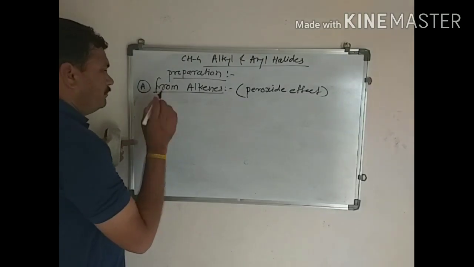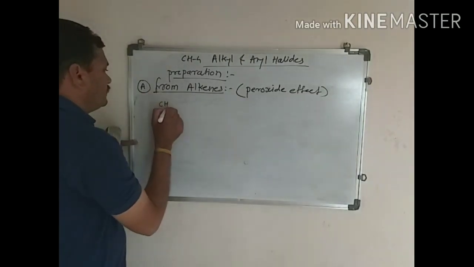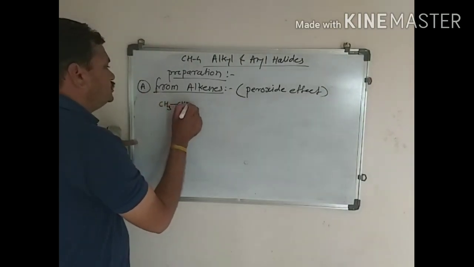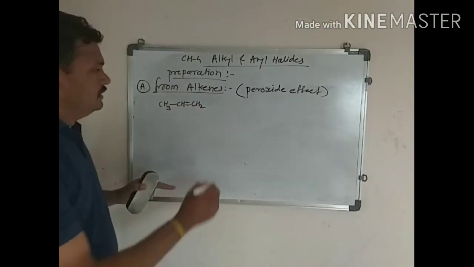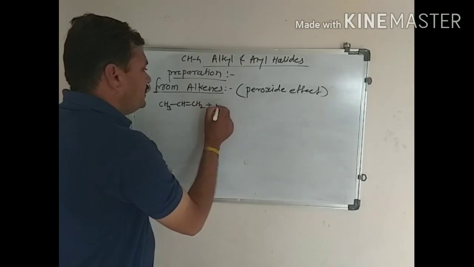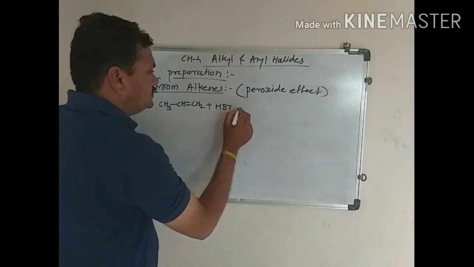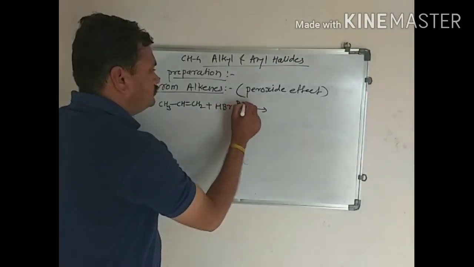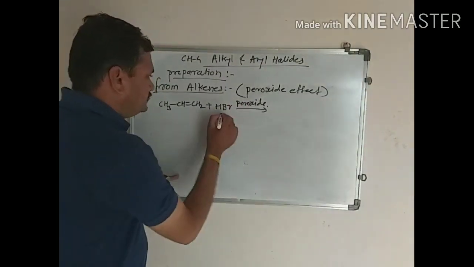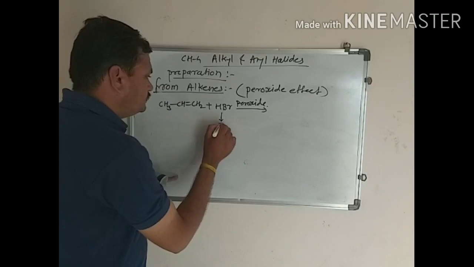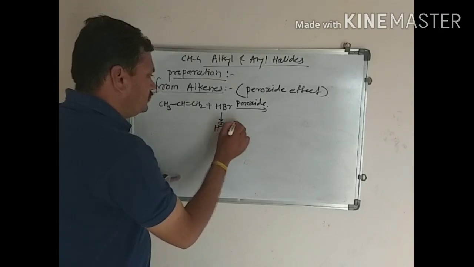Let's have an example. CH3 CH double bond CH2, it is propylene. When it reacts with the unsymmetrical reagent hydrobromic acid in the presence of any peroxide, its dissociation is H plus and Br.